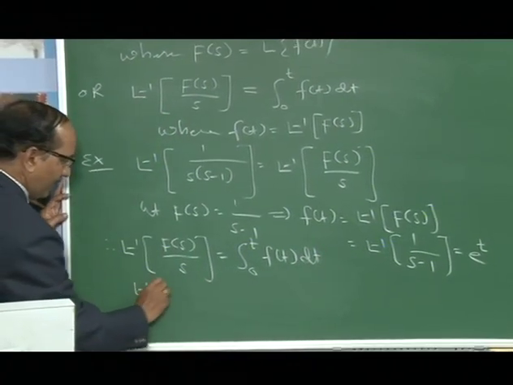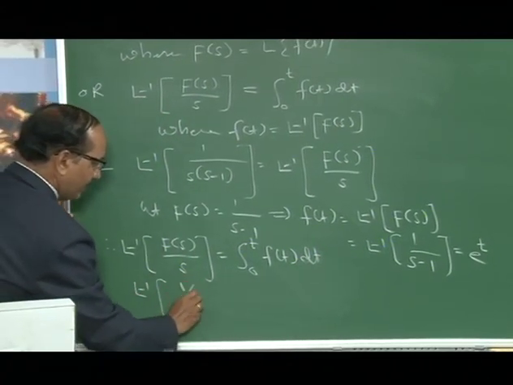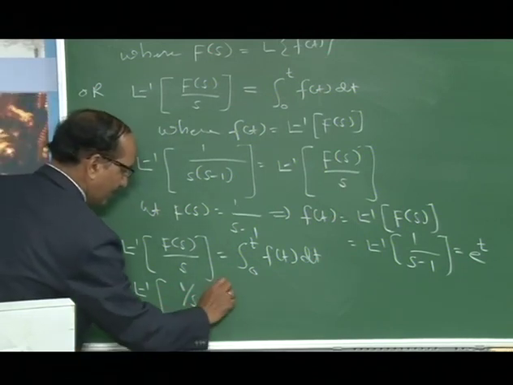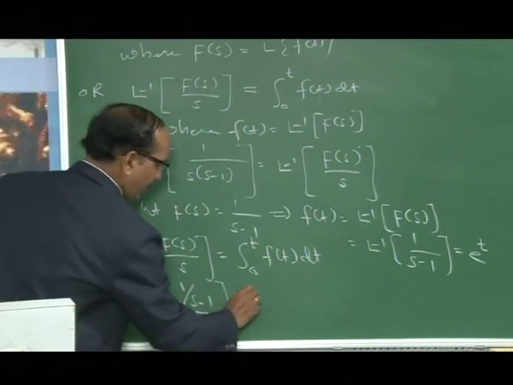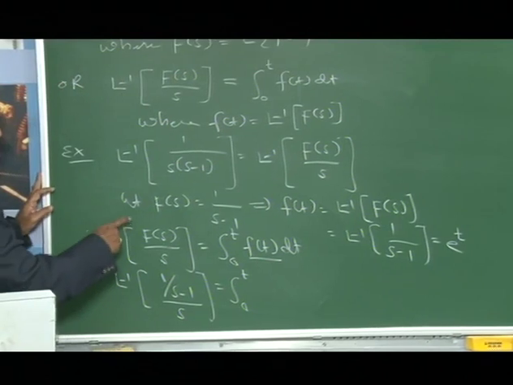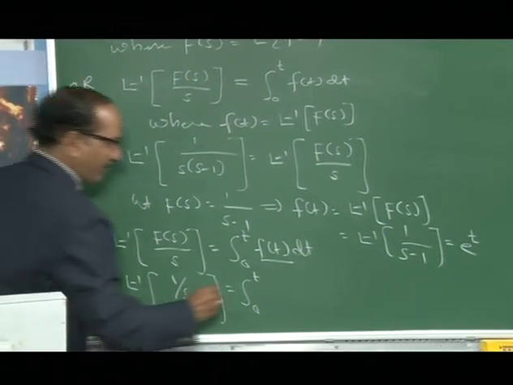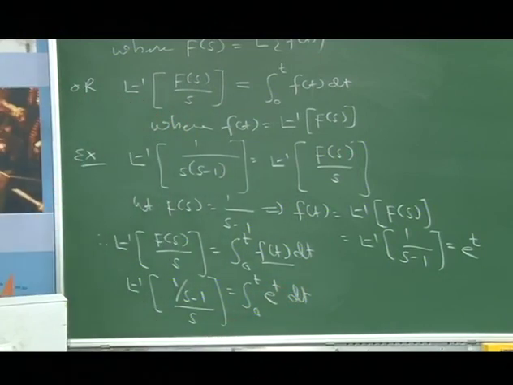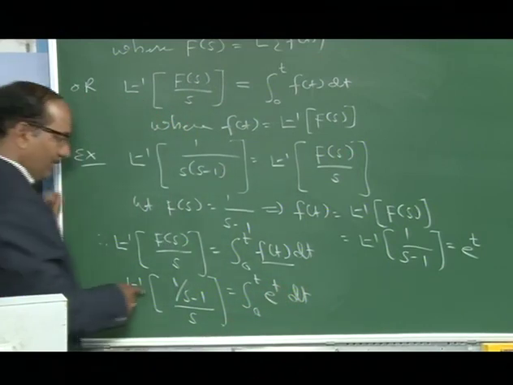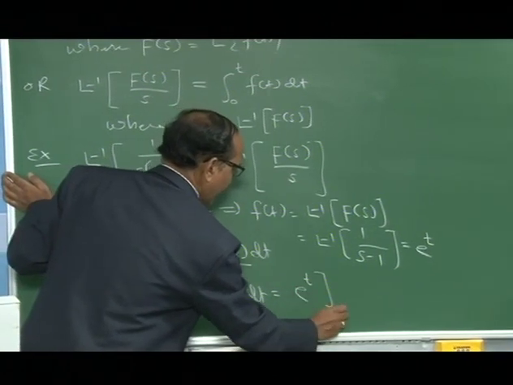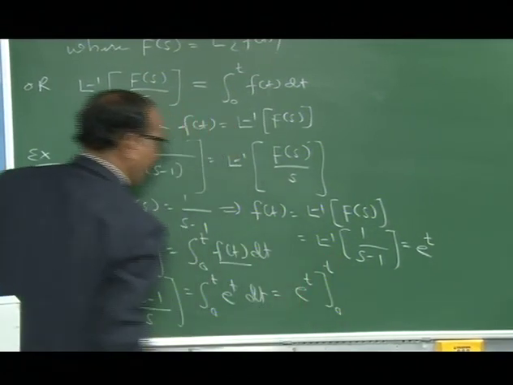That is, L inverse of F of s is considered as 1 upon s minus 1, divided by s. So, integrating from 0 to t, f of t is calculated from the F of s, that is e raised to t dt. So, integrate e raised to t, that gives the inverse of the main problem. The integral of e raised to t is e raised to t, substitute the limits 0 to t.